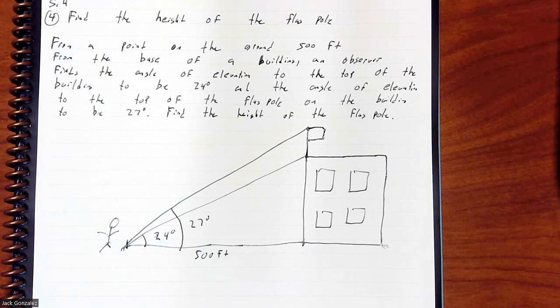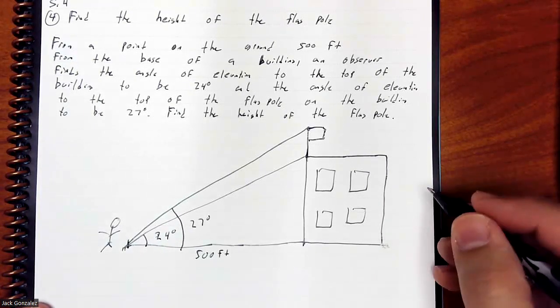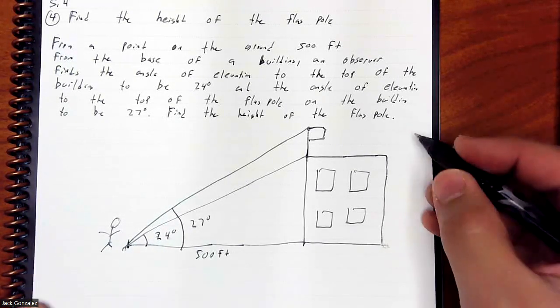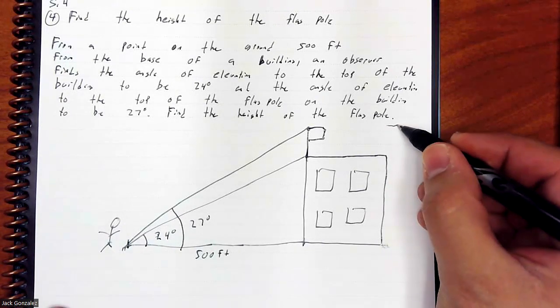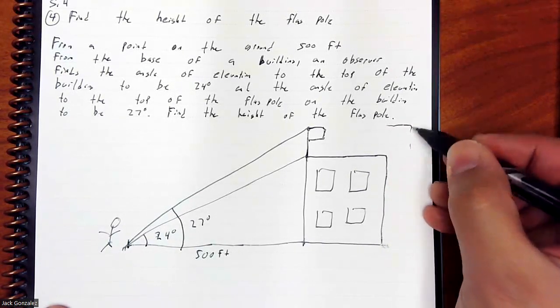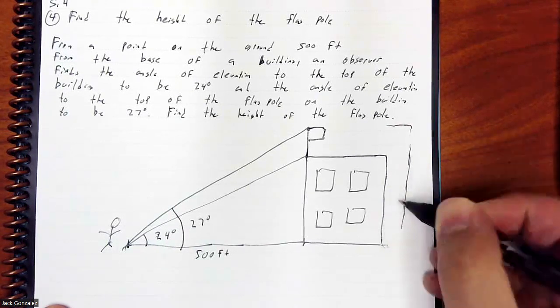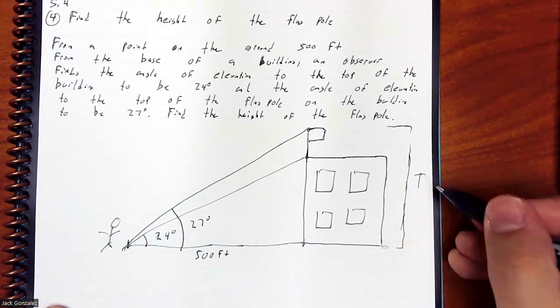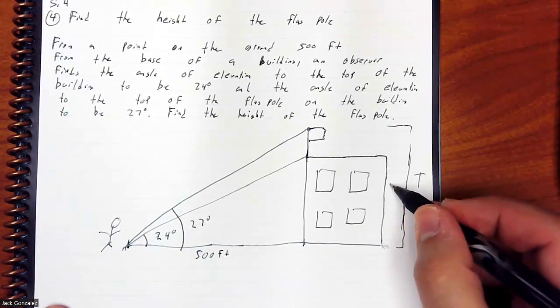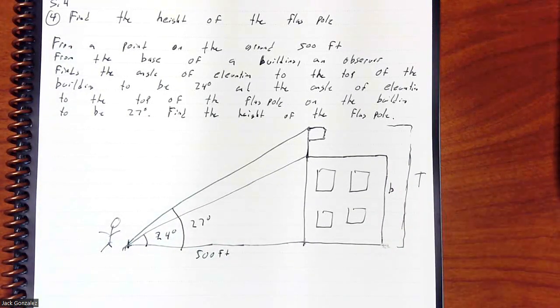So what you're going to do, let's call this from here to the bottom, the total. Let's call it capital T. And we'll call the building height B. So just the building B, the total capital T. Okay.